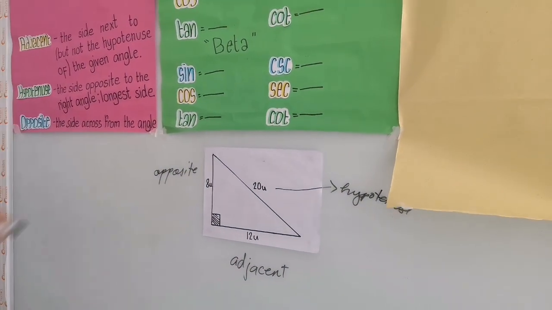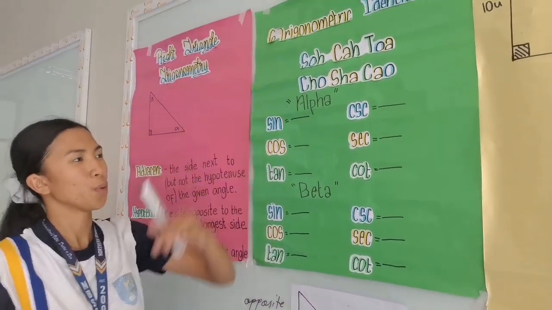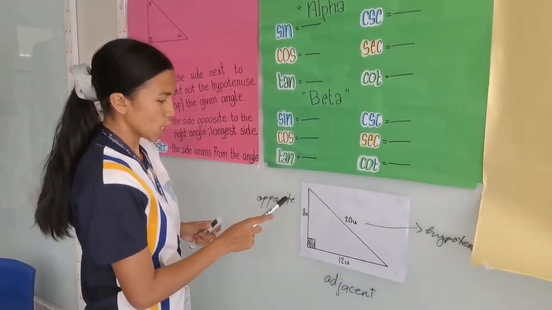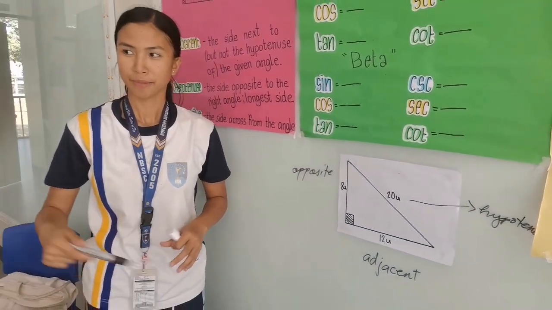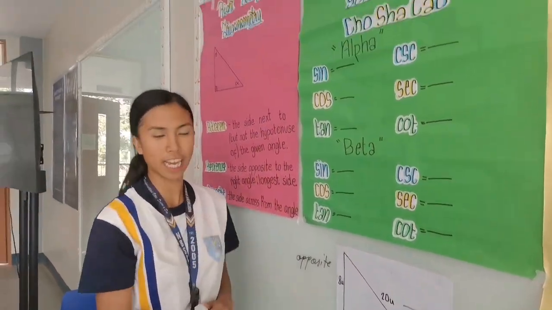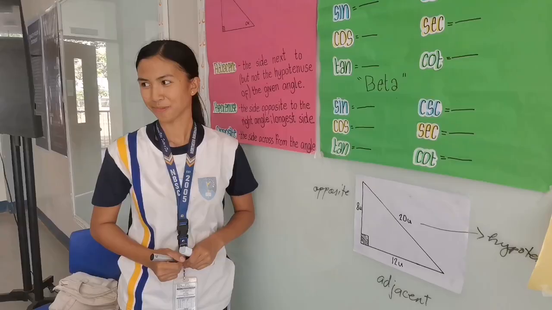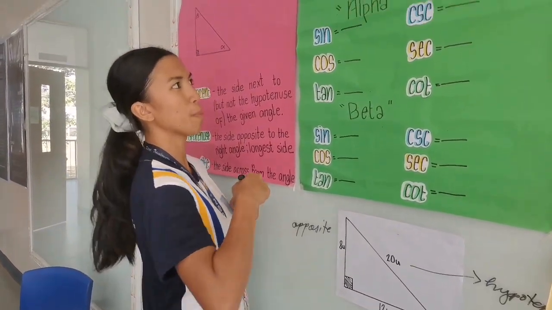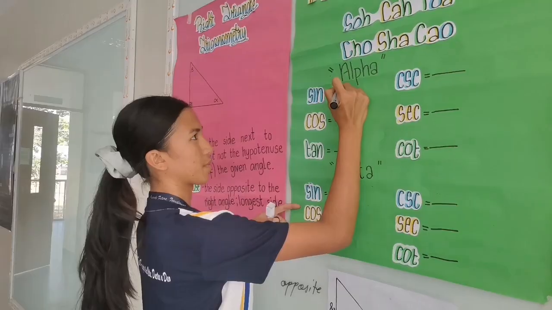So, to find sine, we will identify the opposite and the hypotenuse. So, students, what do you think is the value of the opposite side here in the triangle? The 8 units. The opposite side is the 8 units. So we put 8 here.